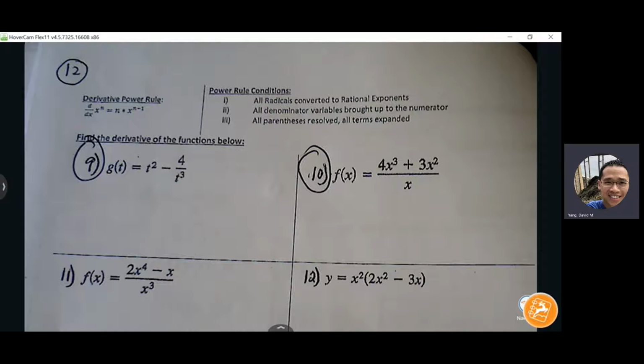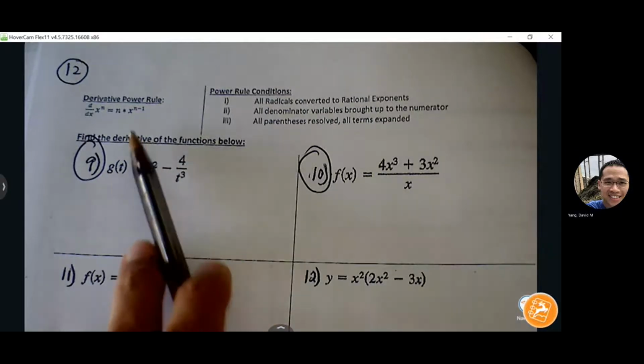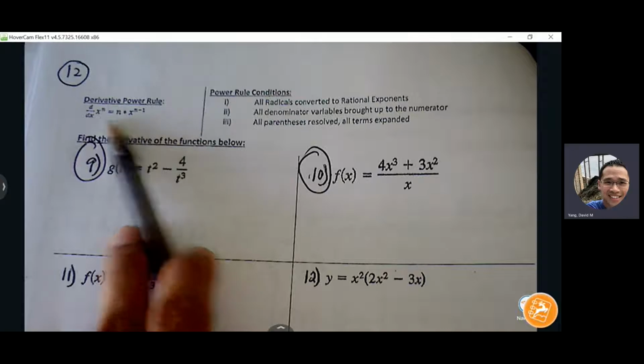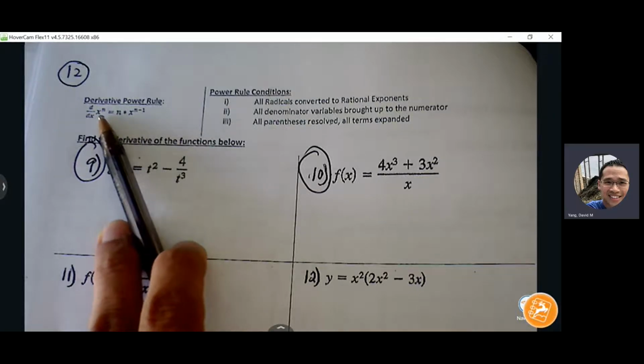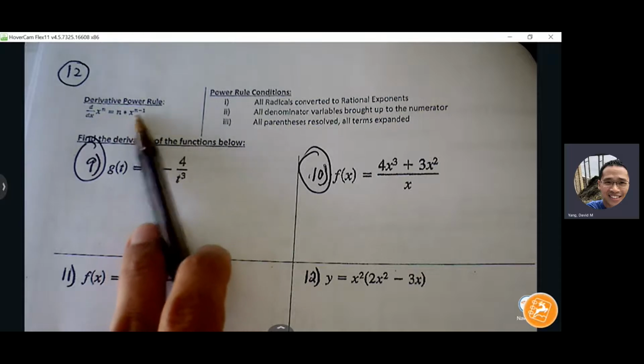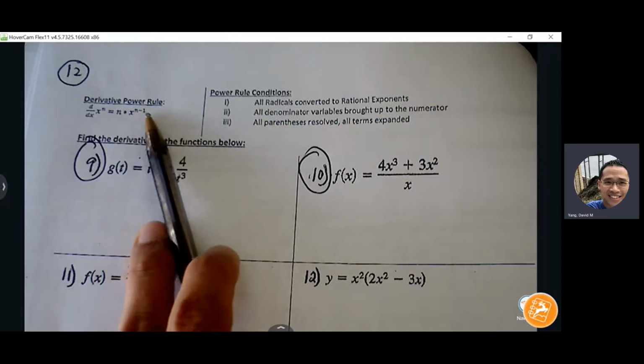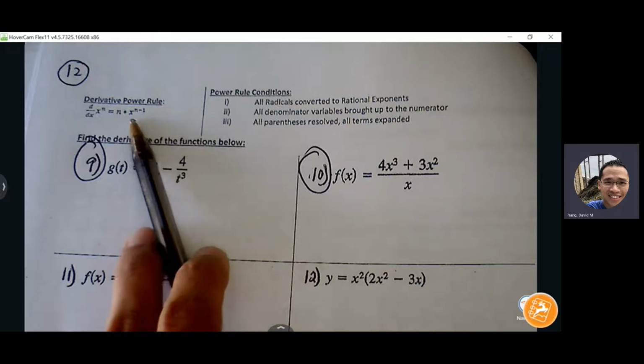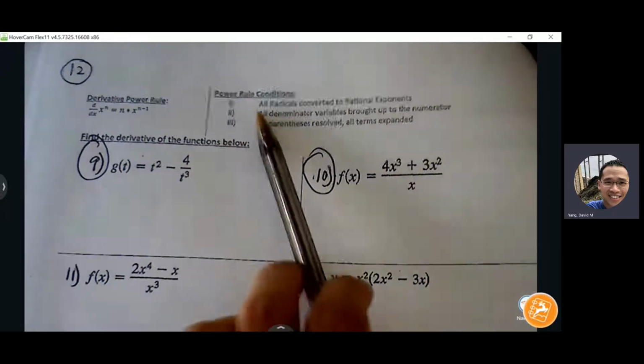The way we go through power rule is if we start off with x to the nth power, we bring that exponent down first, and then we take the existing exponent and subtract 1 from it, okay? And that's going to be your derivative.